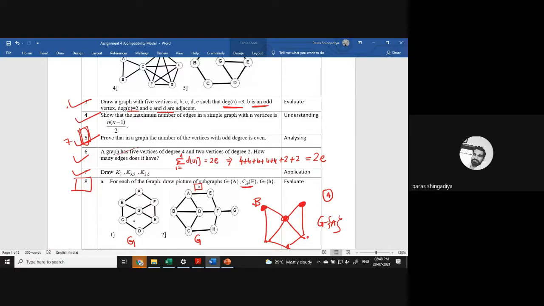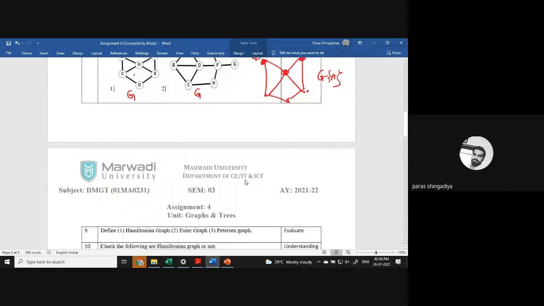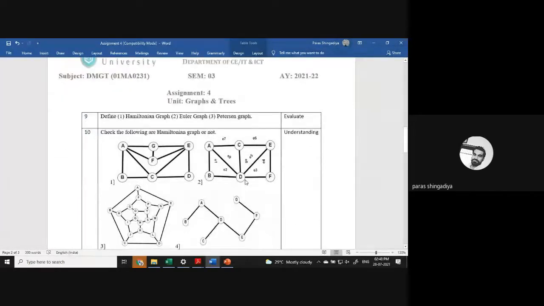Is there any query from anyone in question number 8? All of you have done it? Okay. Is there any query, any doubt? D2D students, do you understand?